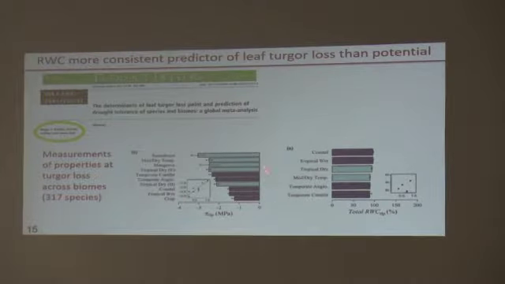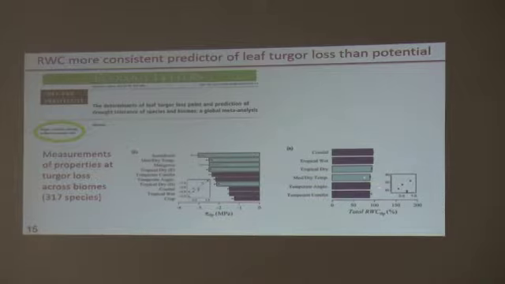So you see on the left here the potential at turgor loss, a classic leaf trait, varied quite a bit across different biomes. But if instead you look at the relative water content, as a pure volumetric amount relative to its maximum, you have much more consistency in what appeared to be the threshold for turgor loss.